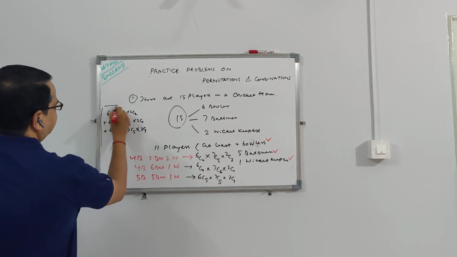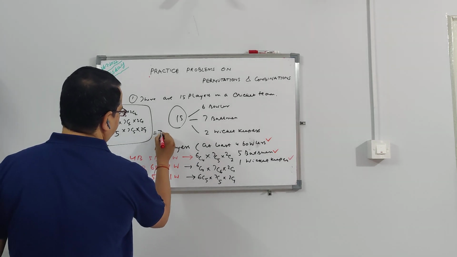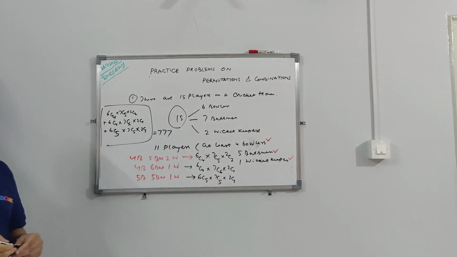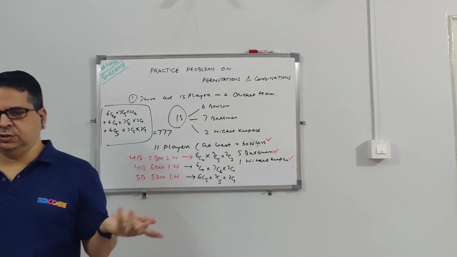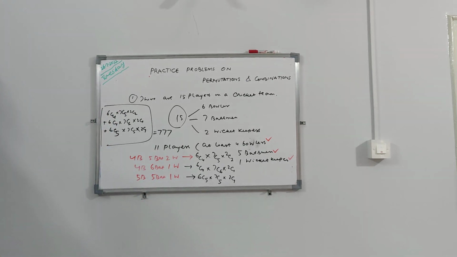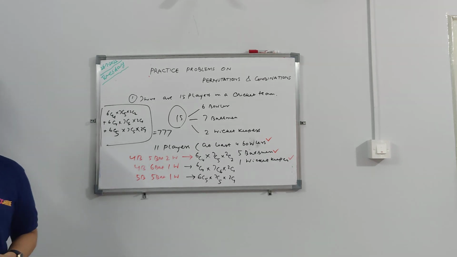So if you find the addition of this, you will get the answer, and the addition finally comes out to be 777. Okay, so this is a nice example of forming a cricket team, which is all about selection, not arrangement, and the multiplication principle you are applying here because they are occurring in succession. That's why the multiplication principle.